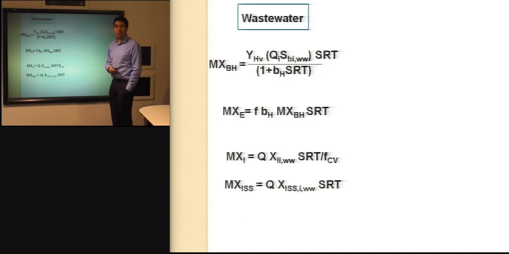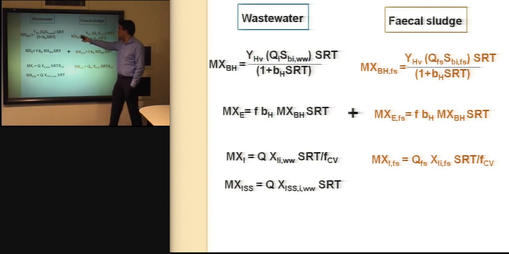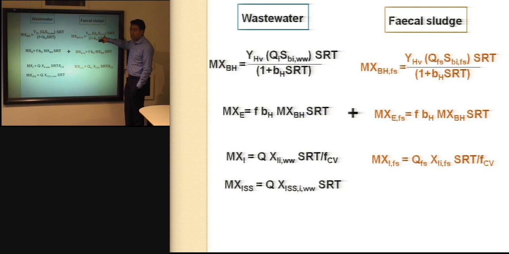For the sake of this presentation, basically we have worked out these expressions and expanded them to also take into account the concentration of fecal sludge that can usually be observed. For that purpose, we use a similar expression, but now instead of considering the total flow rate discharged in the plant, we consider the volume of fecal sludge treated and the concentration of biodegradable organics present in that fecal sludge.